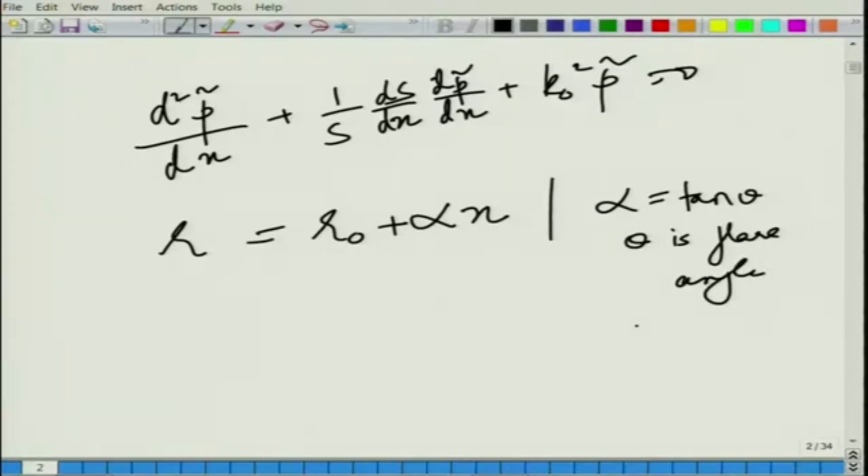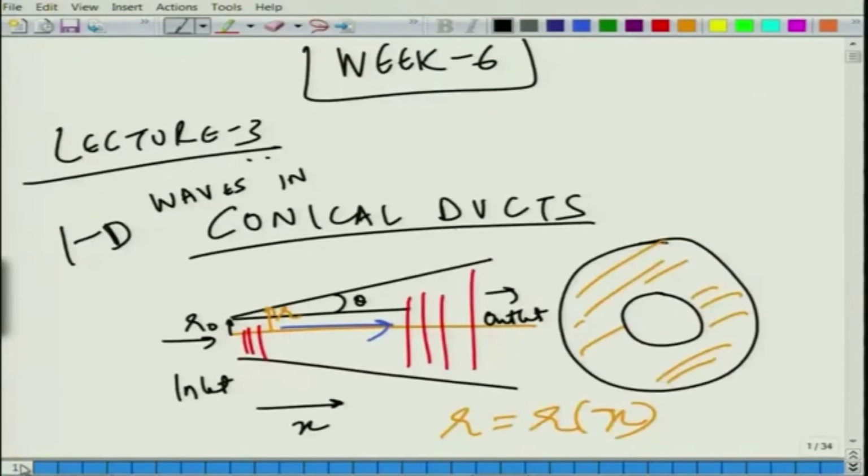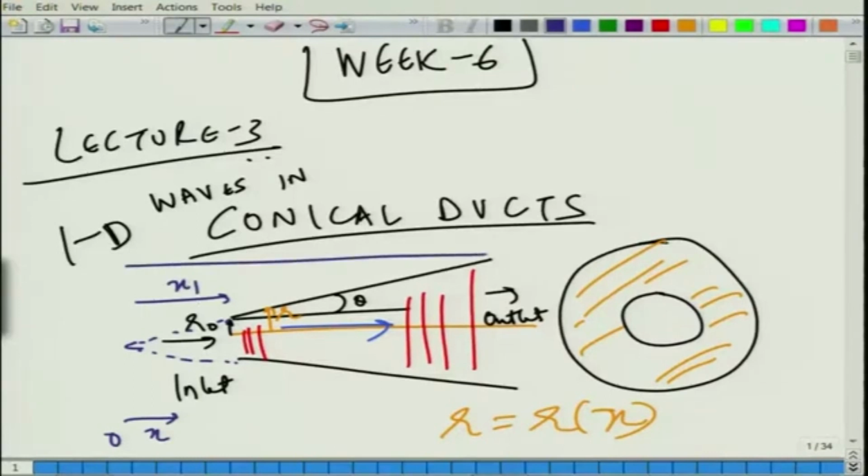Now, how do we go about solving this? A simpler way is to assume a hypothetical point where R naught is 0. Instead of measuring x from here, let us measure x from here, where x is 0, and it has a certain value x1 here and x2 at the other side.